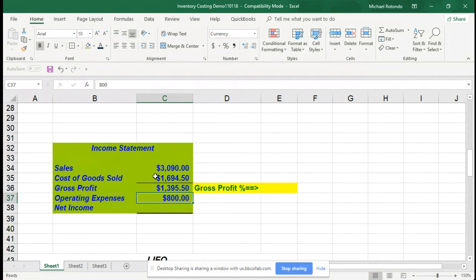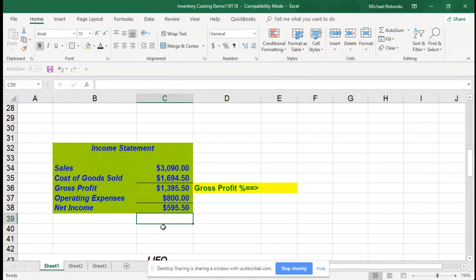Now, if we look at our operating expenses, again, those have to be given to you. There's no way you would know that. But what we would need to do to get net income is to take our gross profit minus our operating expenses. If we take our gross profit and we subtract our operating expenses, which are at C37, we're going to get a net income of $595.50.